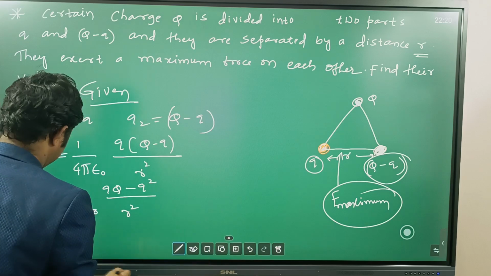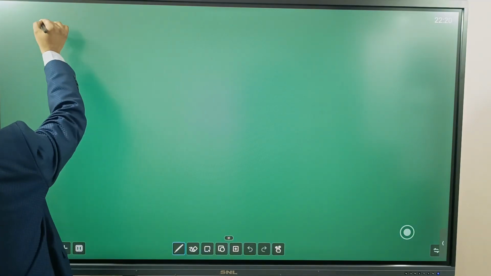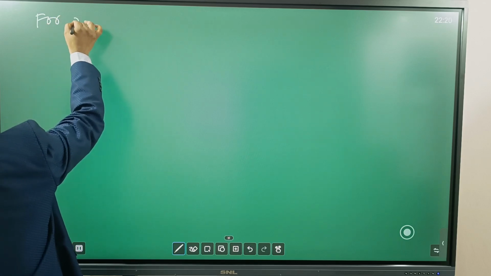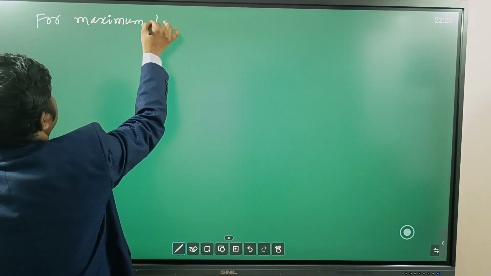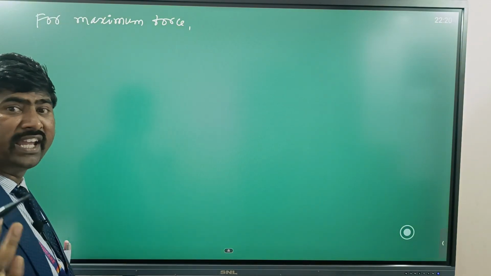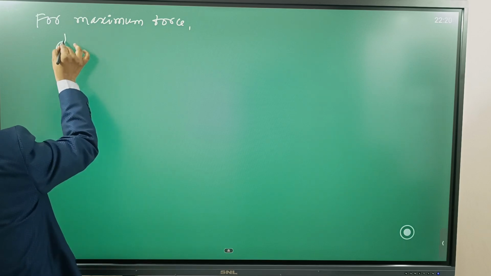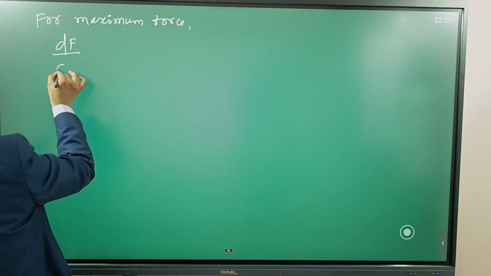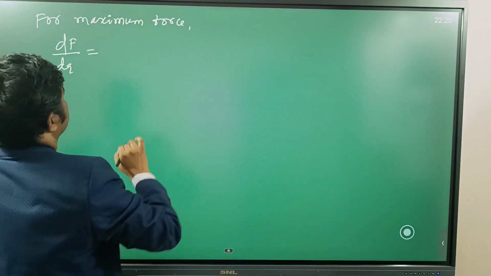Here is the twist. For maximum force, we will use the condition for maxima and minima from differential calculus. So dF divided by dq is equal to, we are differentiating.